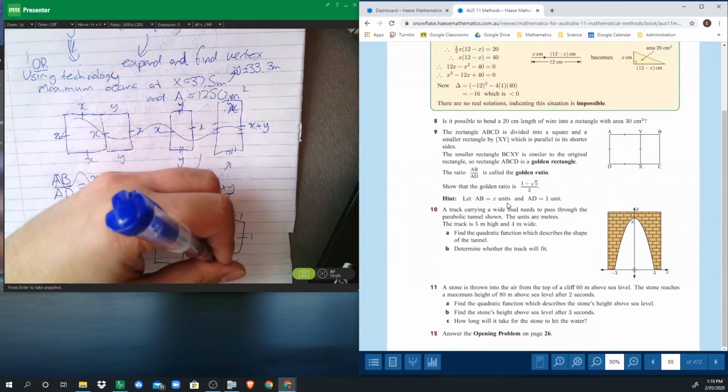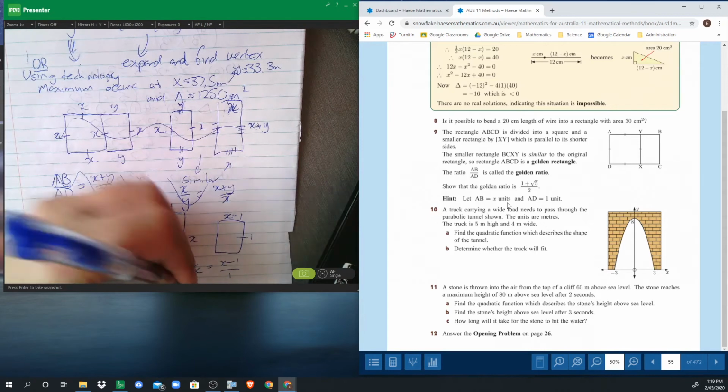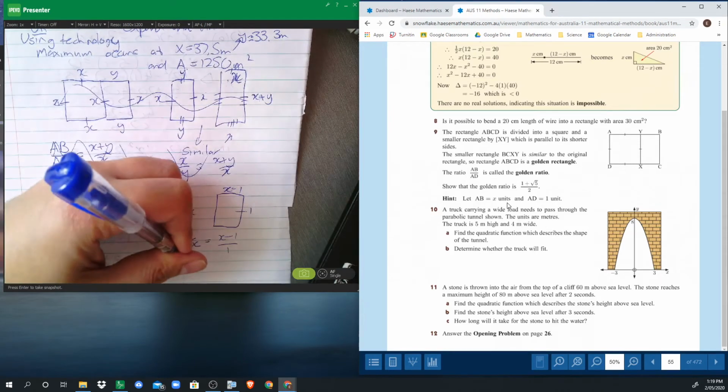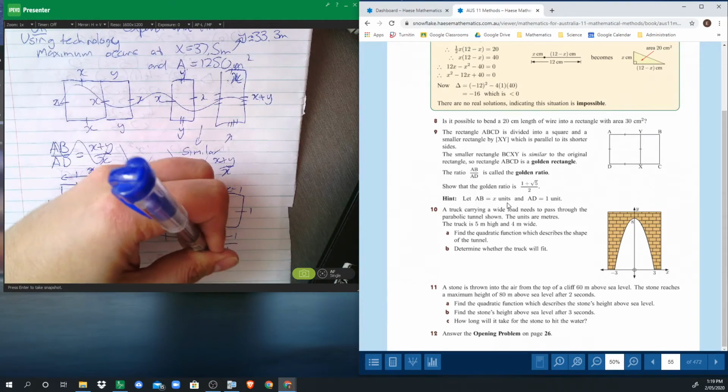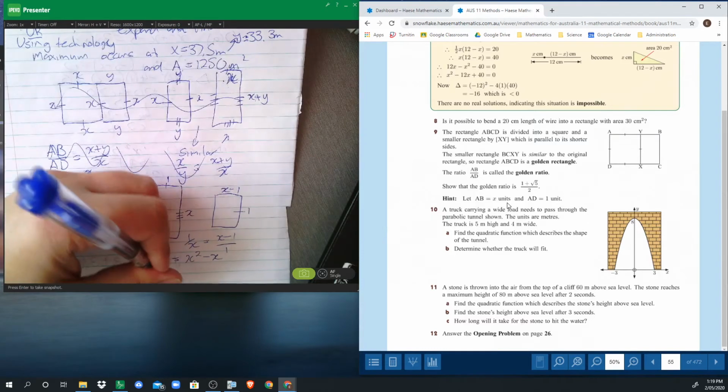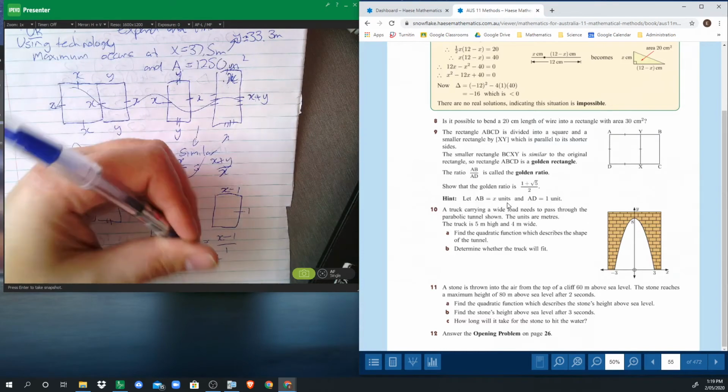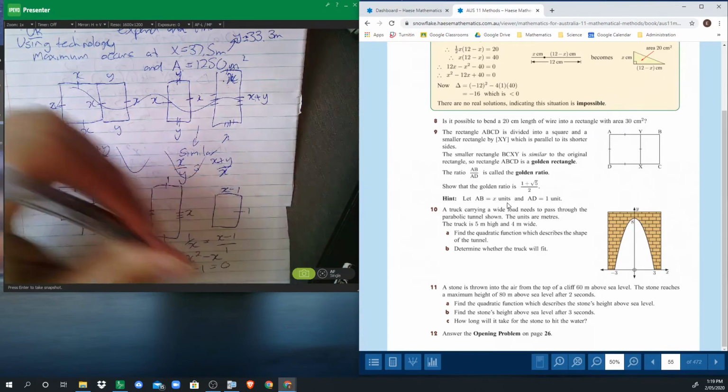If I times both sides by x, I'll have 1 equals x squared minus x. Bring that across: x squared minus x minus 1 equals 0.